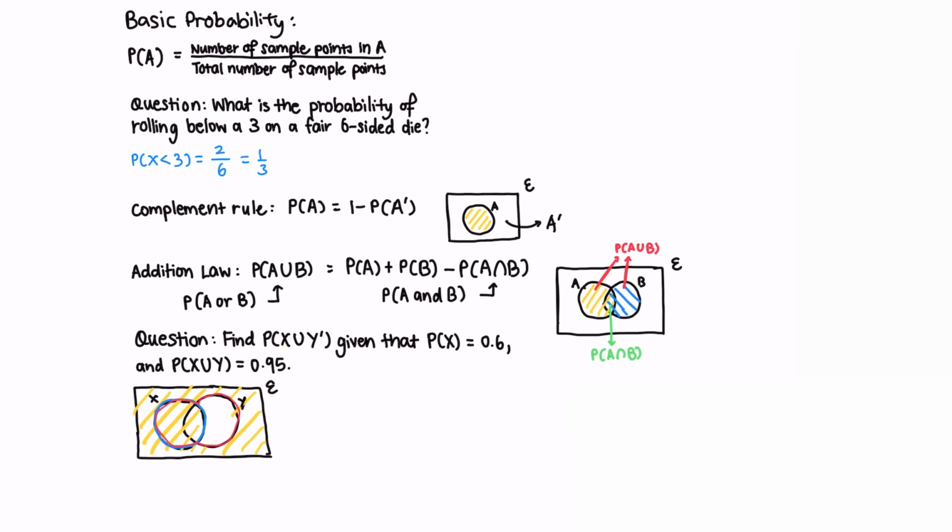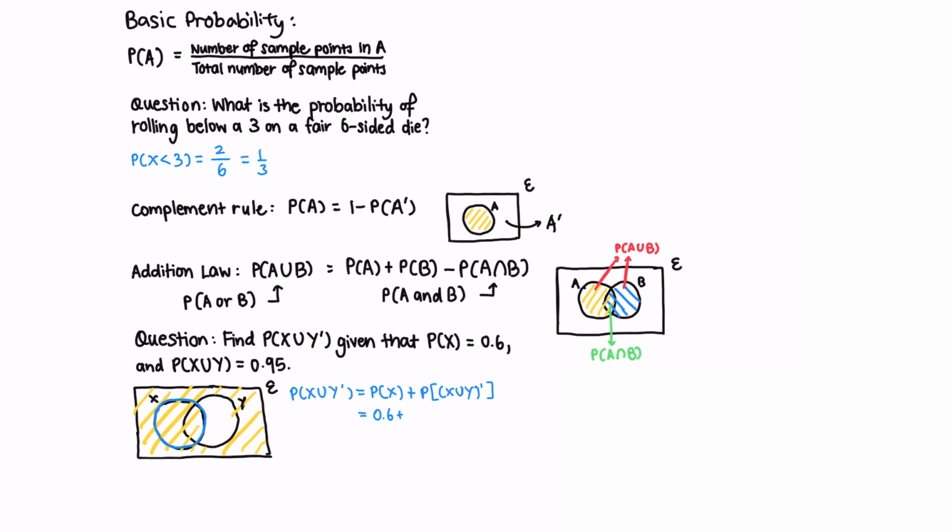Now if you look at this carefully, I can split this yellow section into two parts. This part, which is inside X, and this part, which is outside both X and Y. And for this red part that is both outside X and Y, what I can say is this is just P of X union Y prime, because this is outside of X union Y. Now we know that P(X) is just 0.6, but what is P of X union Y, the whole thing prime?